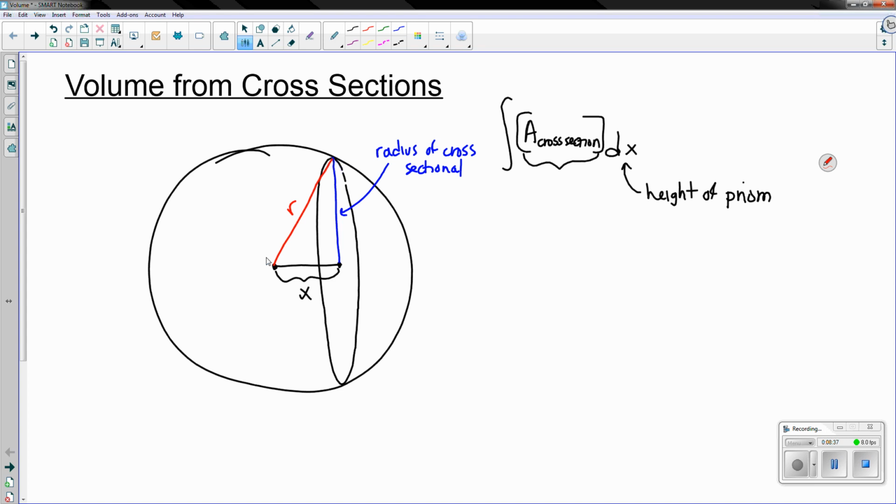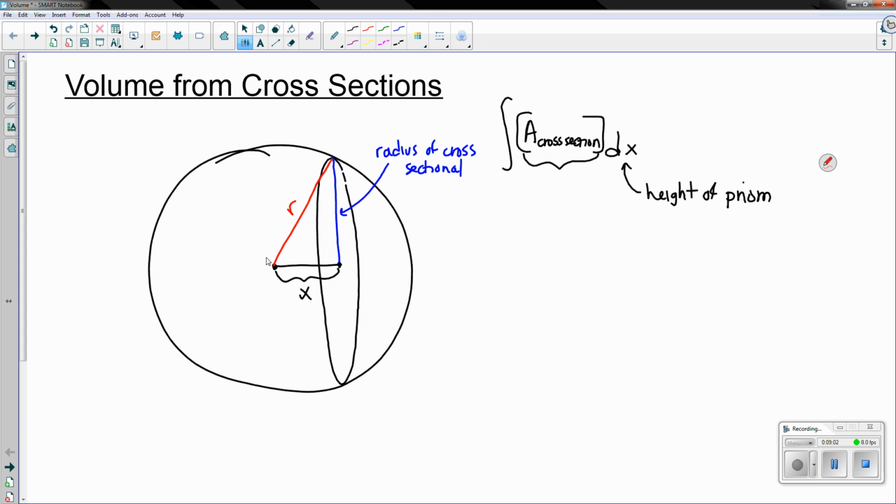And through the Pythagorean theorem, knowing that r is fixed, no matter where I make a cross-sectional slice, that length of the radius of the sphere does not change. Now, x is going to vary as the distance from that center point in a horizontal direction, but I can now find a representation for this blue line through the Pythagorean theorem.